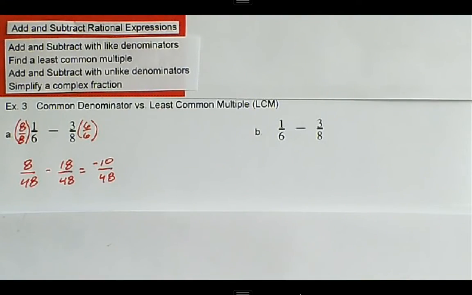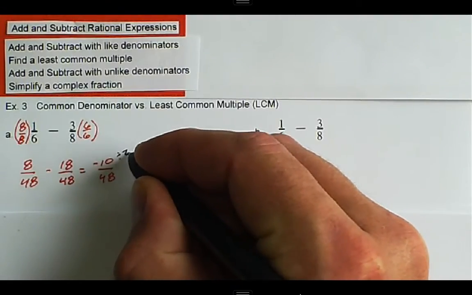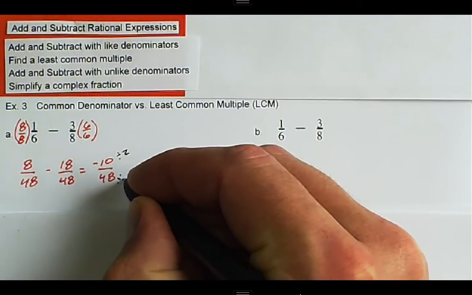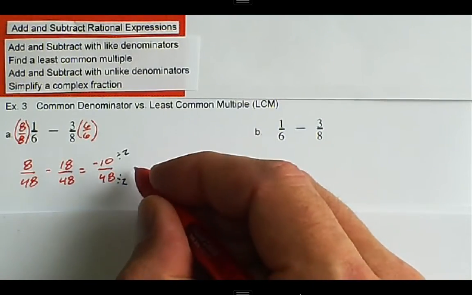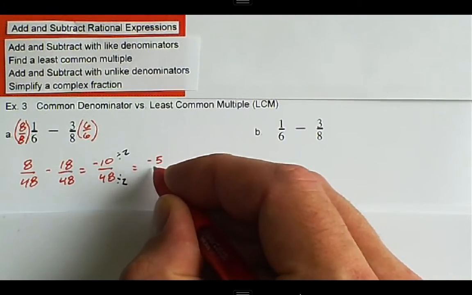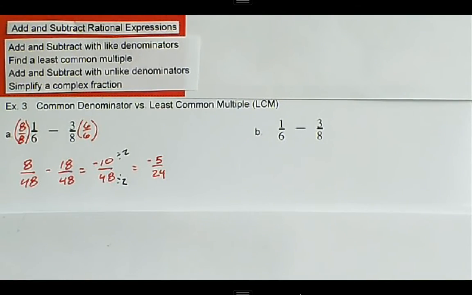And what we have left is we see that these are both even. So we can divide the numerator by 2, and we can divide the denominator by 2, and we get negative 5 over 24. So that's just getting a common denominator.